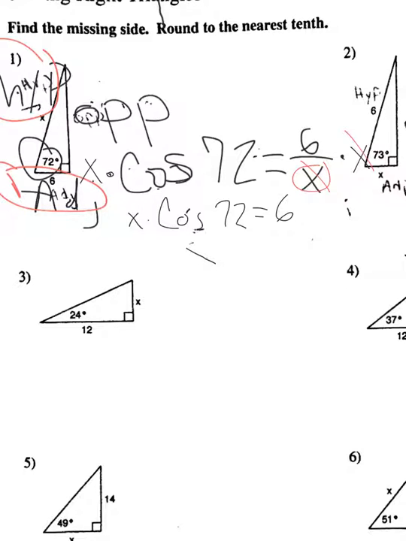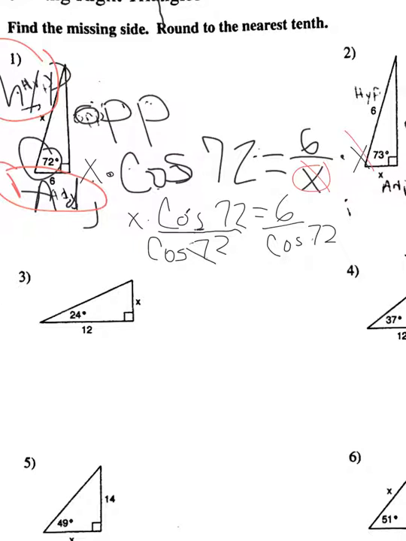Now, just like any algebra problem, if you want to get x by itself, and x is being multiplied times some value. Now understand, cosine of 72 represents a value. It's a decimal. It could be a fraction, whatever it is, but it represents a number. So you're just multiplying it times x, which means to get rid of it, you would divide by cosine of 72.